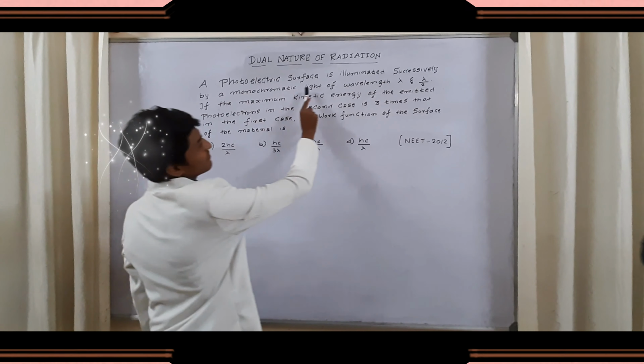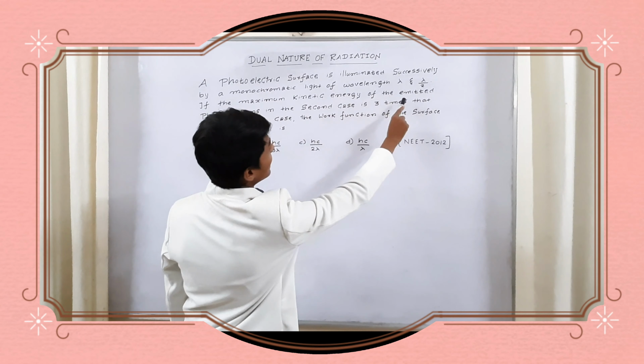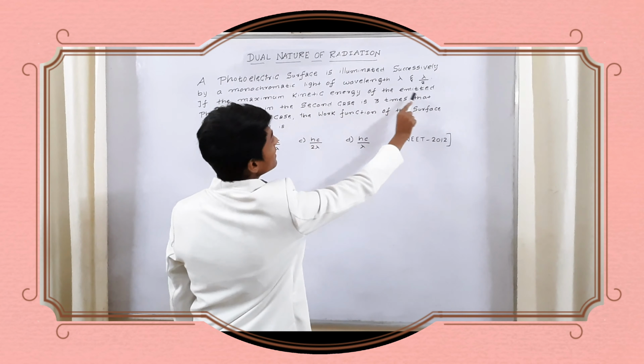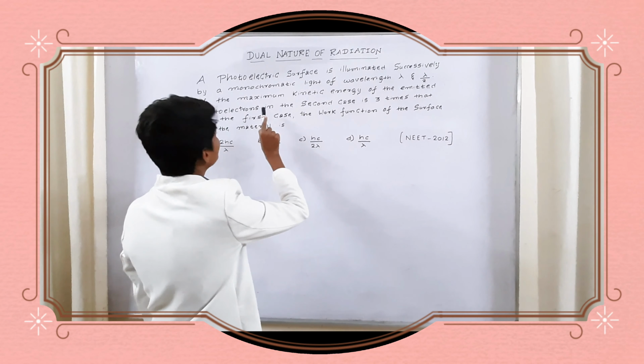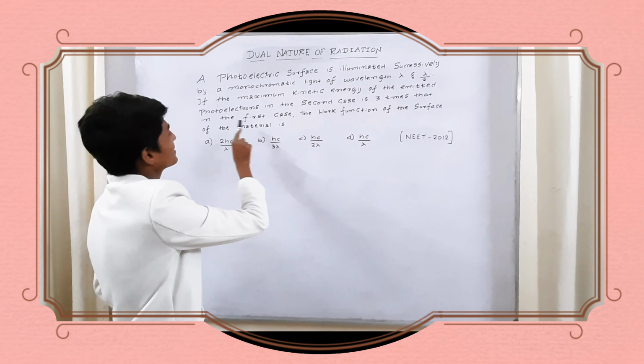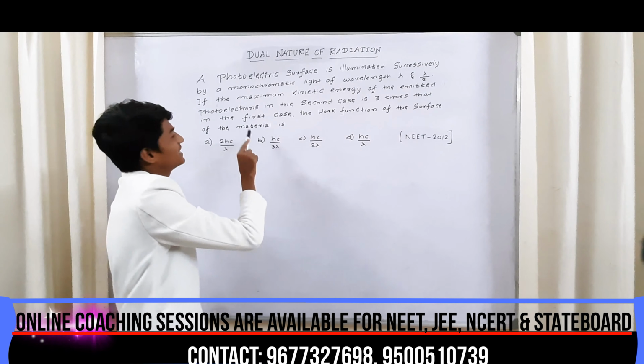A photoelectric surface is illuminated successively by a monochromatic light of wavelength lambda and lambda by 2. If the maximum kinetic energy of the emitted photoelectrons in the second case is 3 times that in the first case, the work function of the surface of the material is.